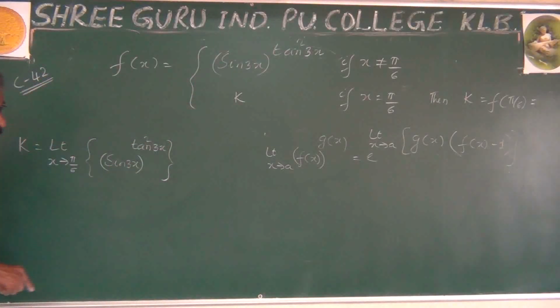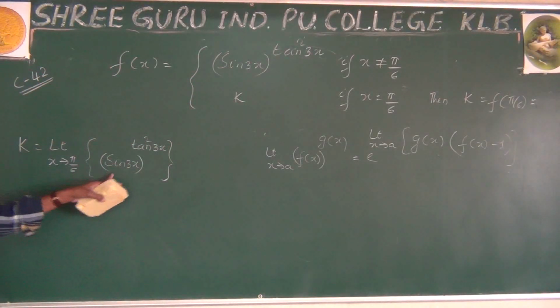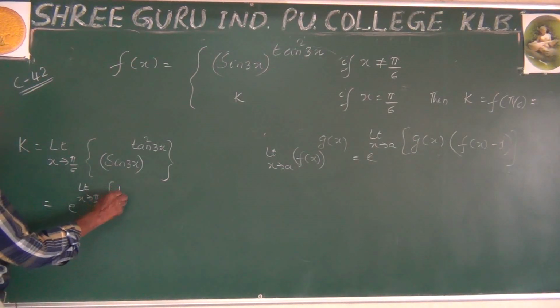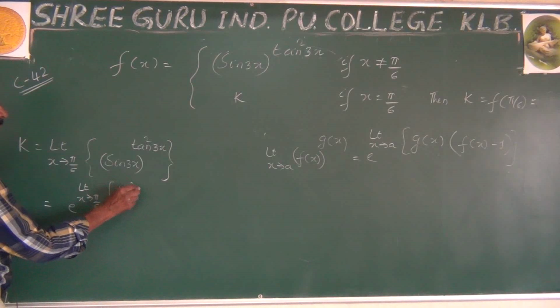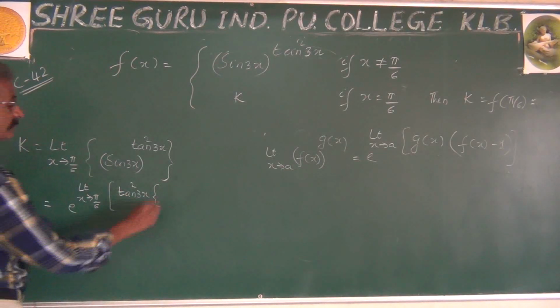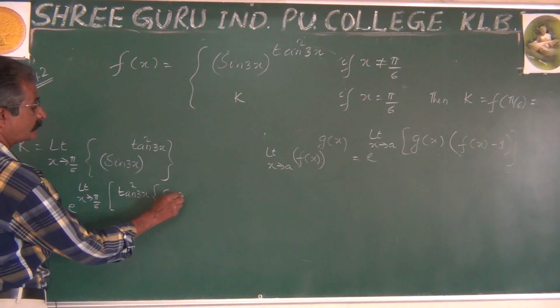Let us use that formula because it is in the form of f x to the power of g x. See that formula: e power limit extending to pi by 6 of bracket g of x. What is g of x? Tan square 3x multiplied by f of x, sin 3x minus 1.